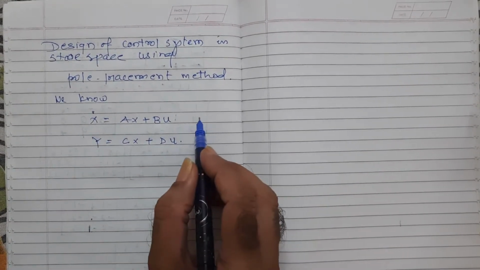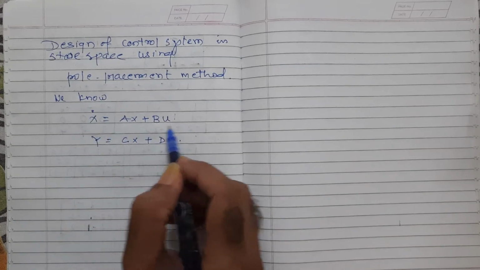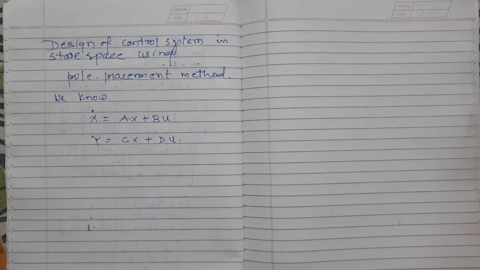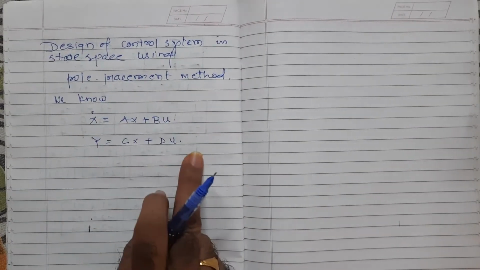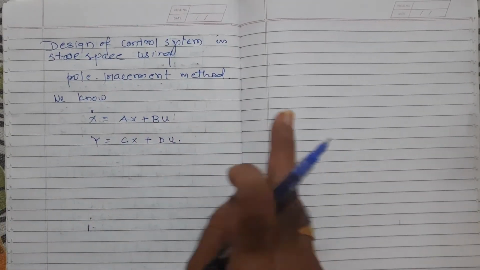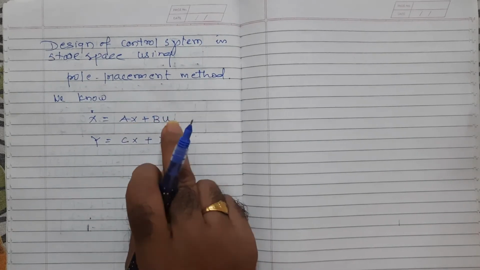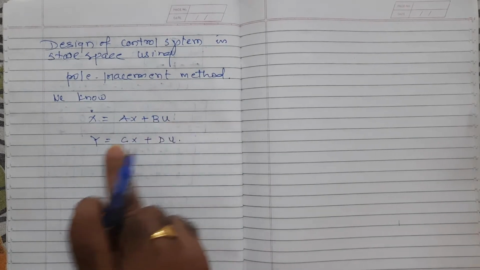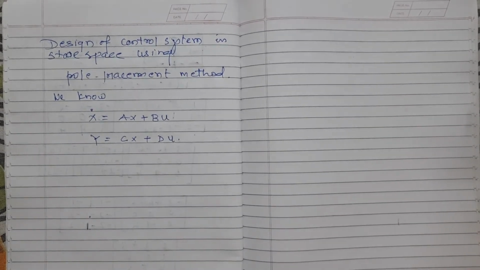The first is the state equation and the second is the output equation. In this equation, x is the state variable, u is my reference input, and y is my controlled output.